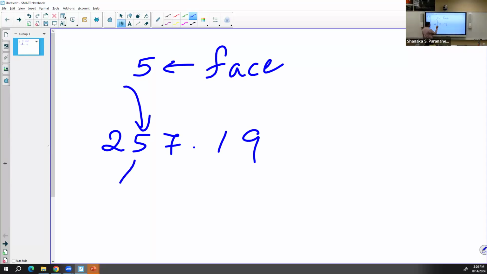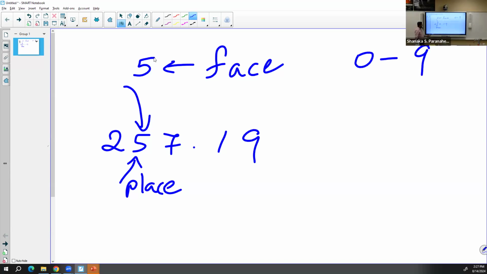Depending on the place of this digit in the number, there's a place value. So we're going to talk about those place values. We have 10 digits from 0 to 9, and that's why our number system is called decimal. There are 10 symbols.